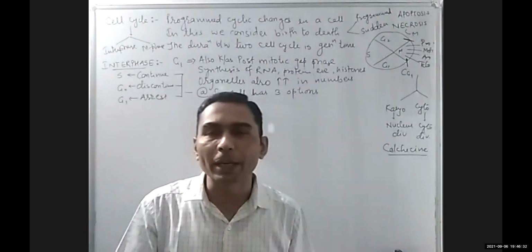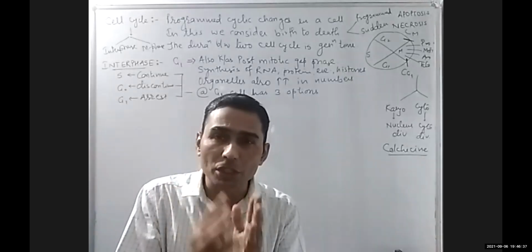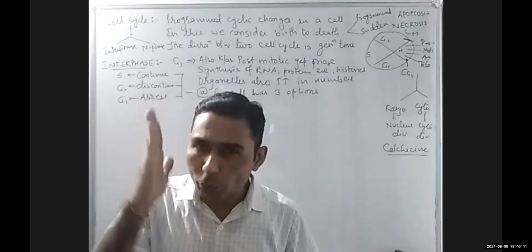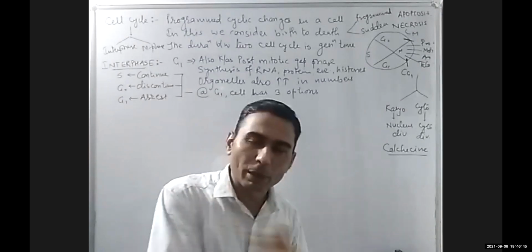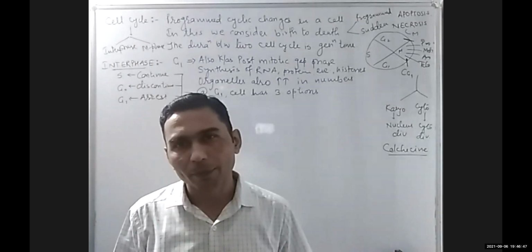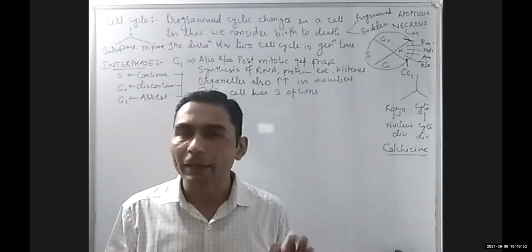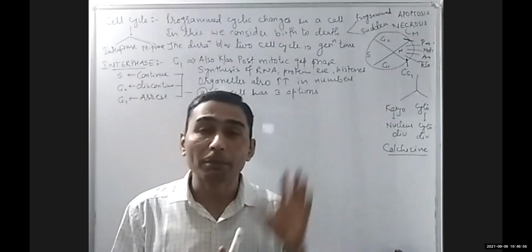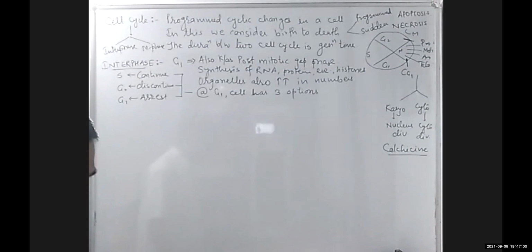I should not say again back to G0, because G0 is a part of G1. So after coming to G1, either it stops there, arrested, or it moves ahead, or it goes permanently into G0. The one that went into G0 will exit, hire a specific function and differentiate. But we are talking about moving ahead. So we should continue with G1. Okay, we should continue with S.